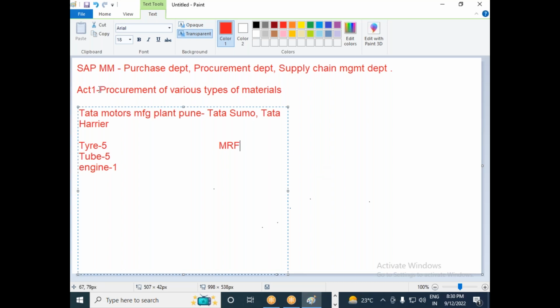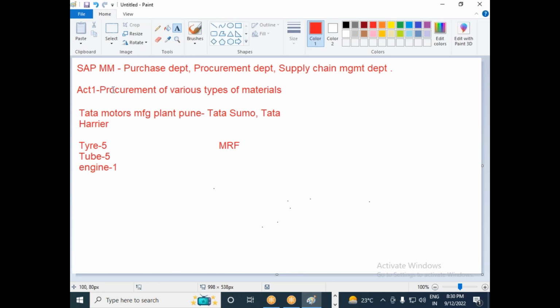So activity number 1 will be procurement of various types of materials required for an organization. When I say various types of materials, what are the various types of materials available for the use of an organization? That we will see in tomorrow's session.